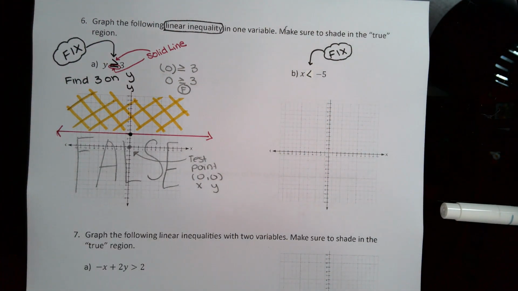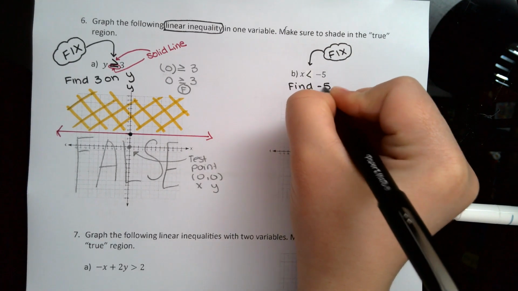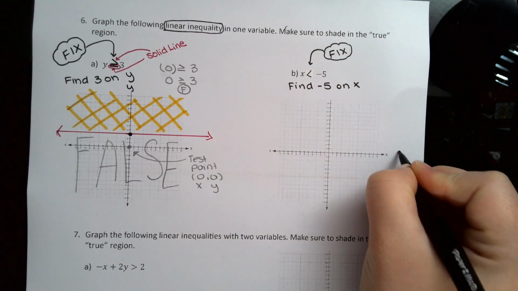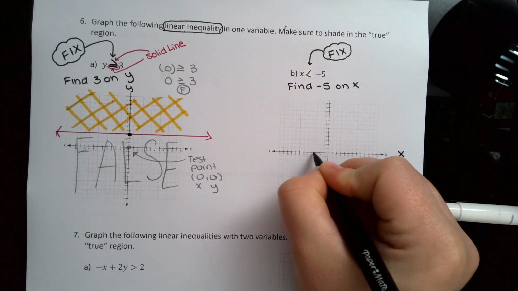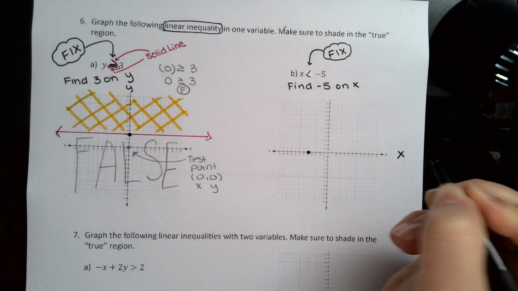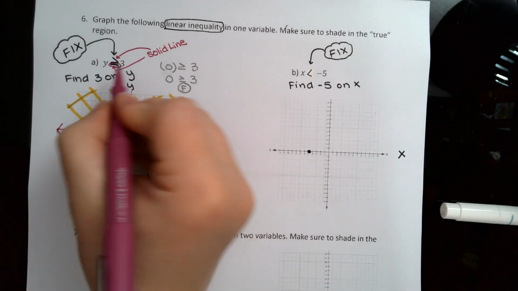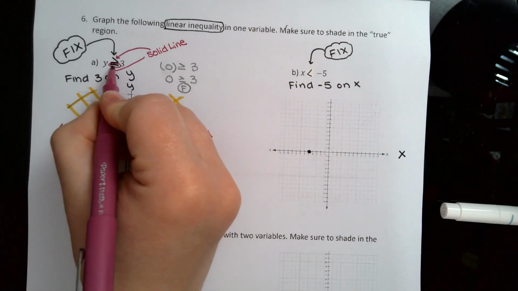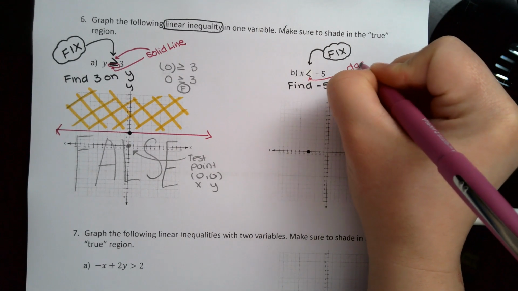Let's try again. Now on this side here, we're going to find -5 on x. So here's x. Where's -5? Let me try, because last time 1, 2, 3, 4, 5, I messed up with my 5. Here's 5. Ask yourself, is this going to be solid or dotted? Notice that this line, this little bottom symbol, is not there. So this is going to be a dotted line or dashed.